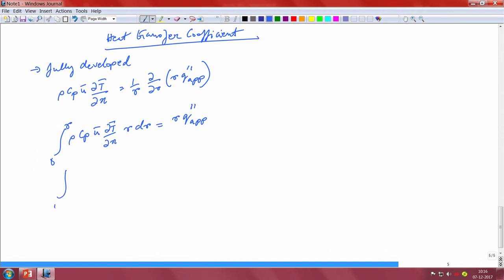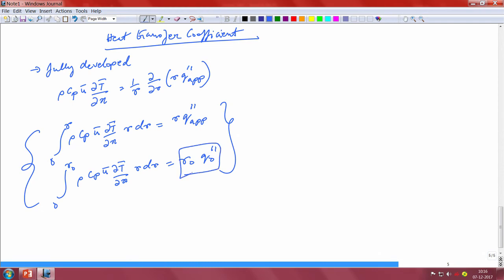If you integrate it up to r naught, you would get rho Cp u bar dT bar by dx r dr equal to r naught times q naught double prime, right. Because you are doing the integral up to the center line, so it will naturally be equal to the q naught double prime. This is the wall heat flux, this is the apparent heat flux that we can decipher, right.